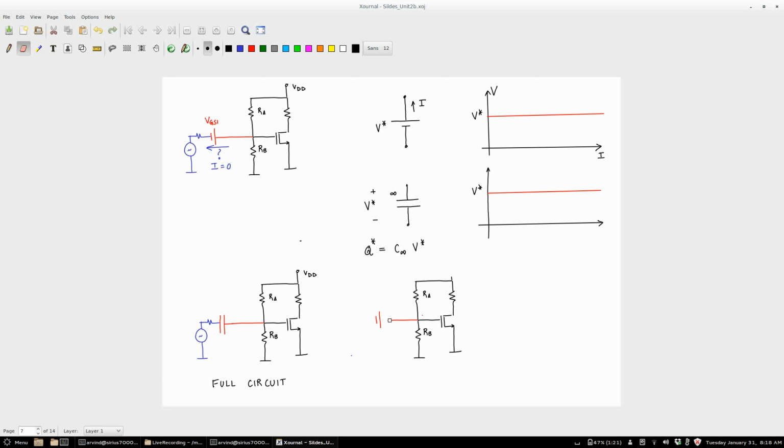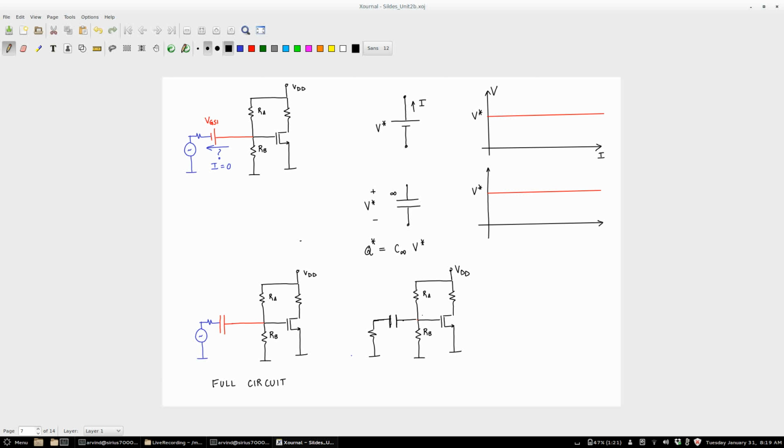So effectively, which one are we drawing? Sorry, I want to look at the bias circuit and the incremental circuit. So we'll first do the bias circuit.